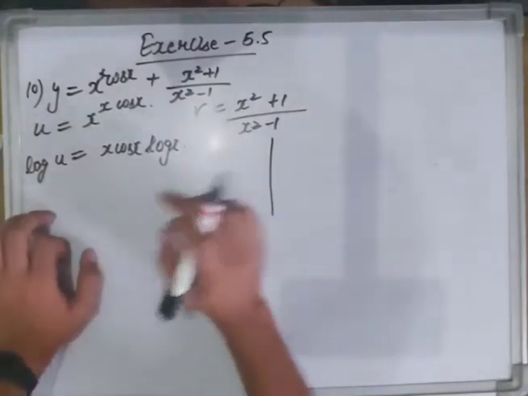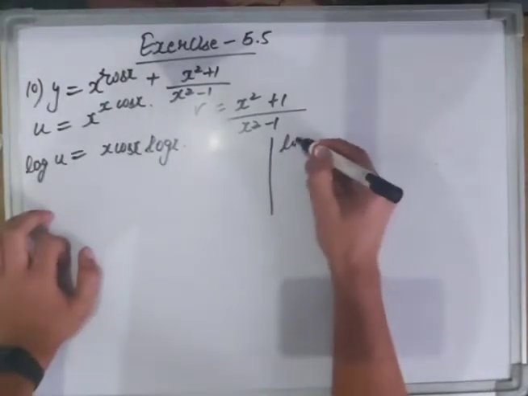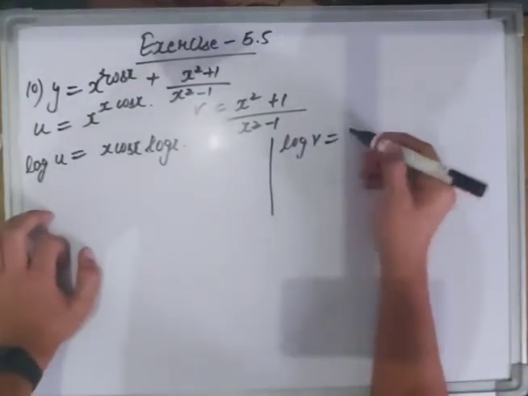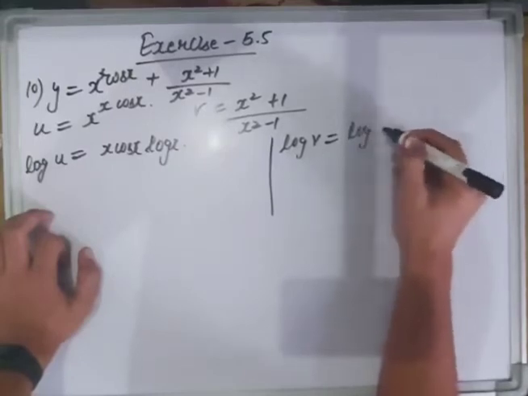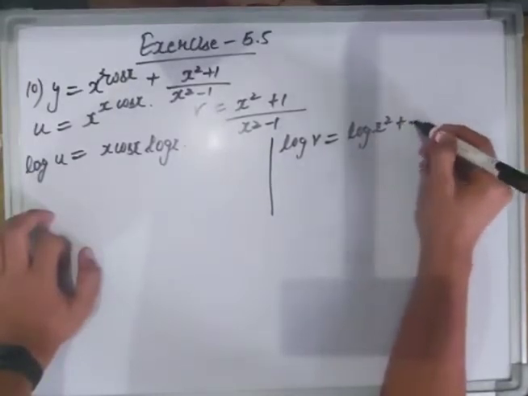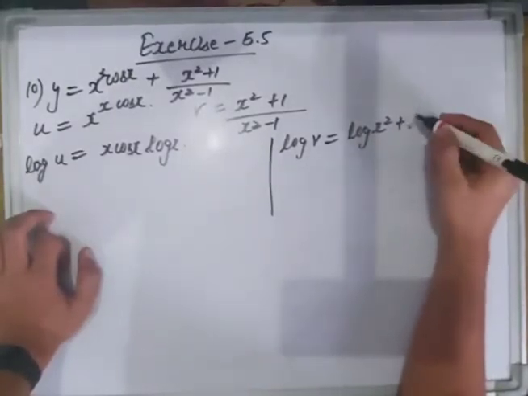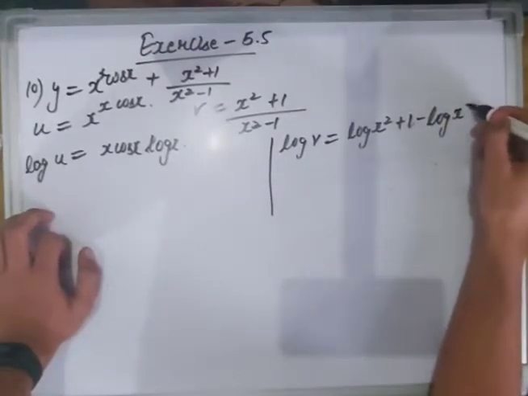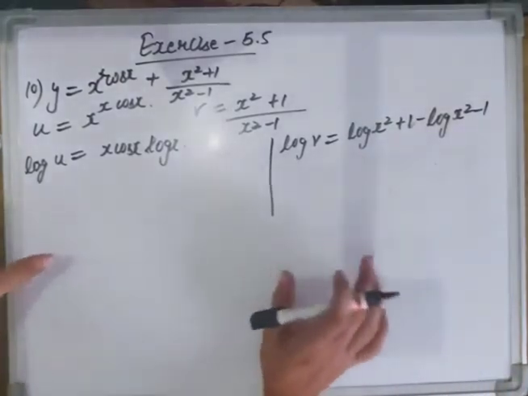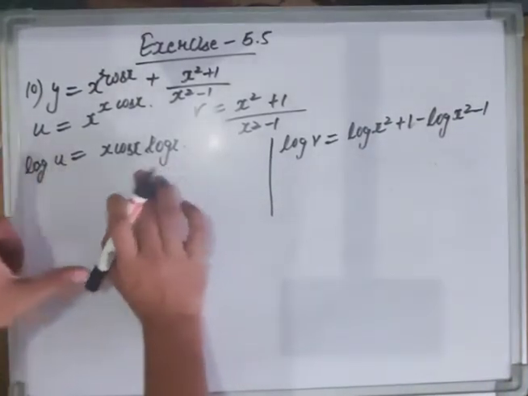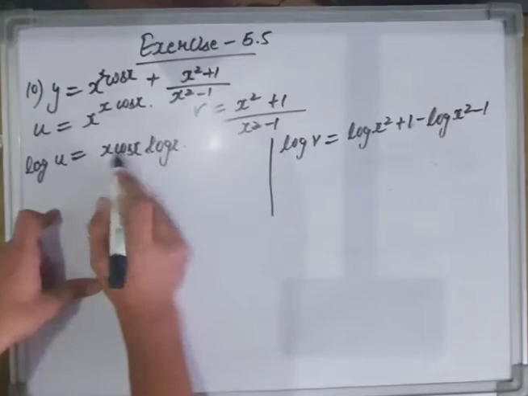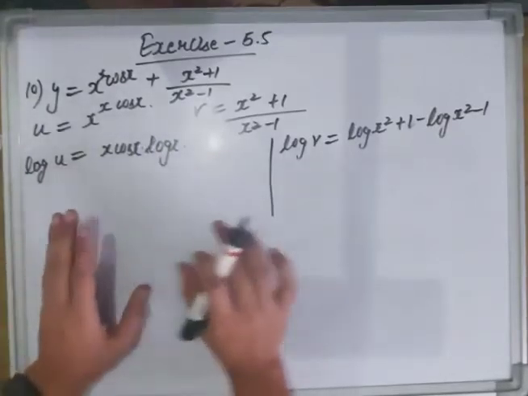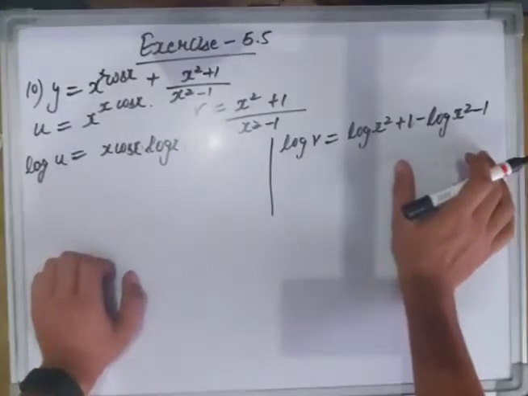And log v equals log of x square plus 1 minus log of x square minus 1. Now we shall differentiate these two functions. In this function we will use product rule, and in this function we will be using normal differentiation method.